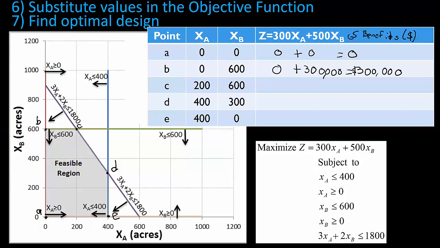Okay, the next one, so we analyzed point B. Now let's go into point C. And in point C, we're going to have 300 times 200, it will be 60,000 plus 300,000, it will be 360,000.